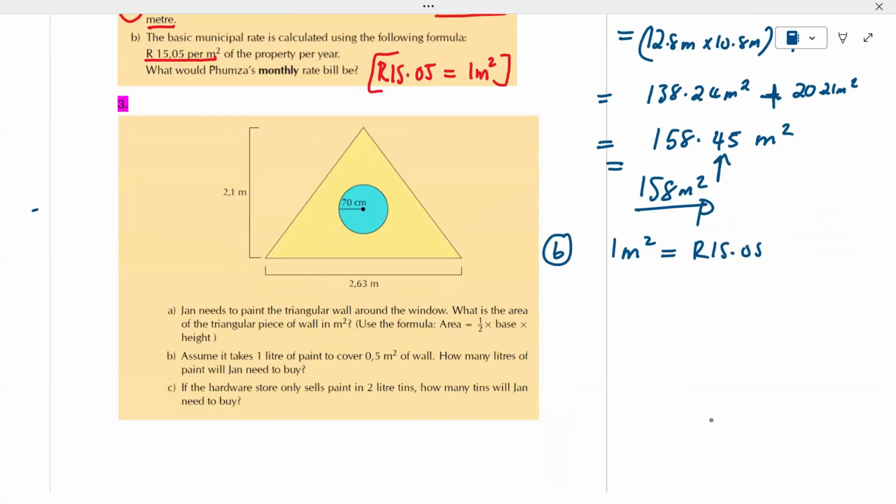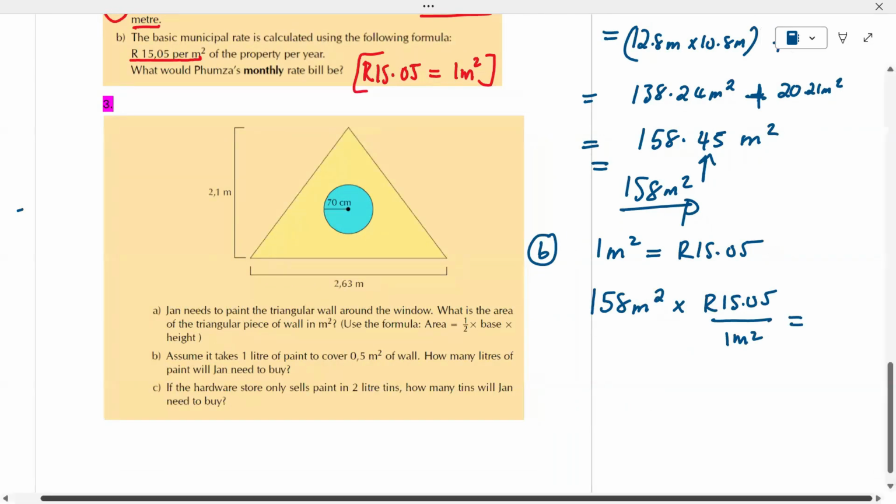So we take that 158 meters squared and multiply by 15.05. The answer is 2,377.9 rand.